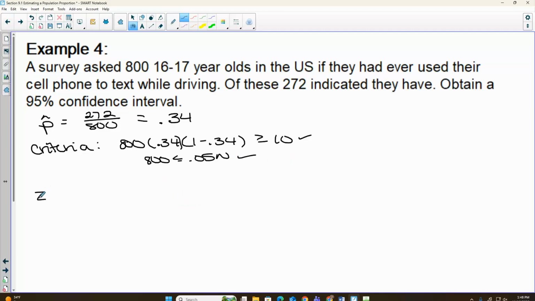We need this Z alpha over 2. I know some of them are in the table, but not all of them, so I want to think about it. 95% confidence interval. That means 95% is in the middle. So we have 5% to split up over the 2 ends. So how much would be to the left? 97.5.